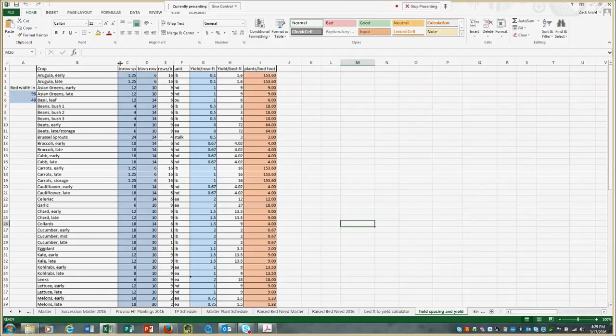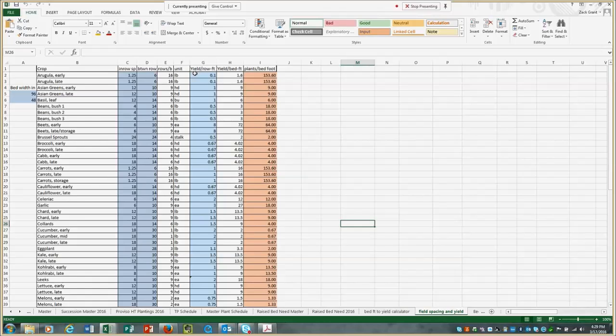As you move over to these subsequent columns, column C is what they call the in-row spacing, that would be the spacing between plants in the row. The between row spacing is the spacing between the plants if you have multiple rows. Column E is the number of rows per bed, the unit for how we're going to be calculating our yield.